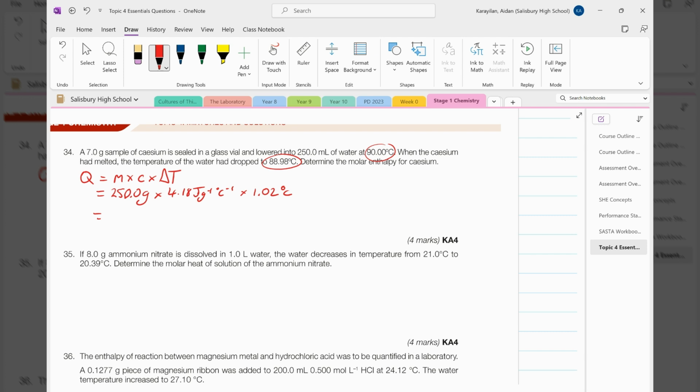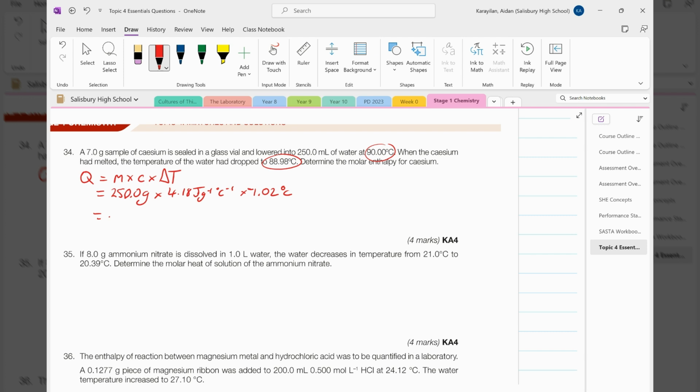250 times 4.18 times 1.02. To be clear, that should be a negative change because the temperature has decreased. It's very easy to make these mistakes, by the way.